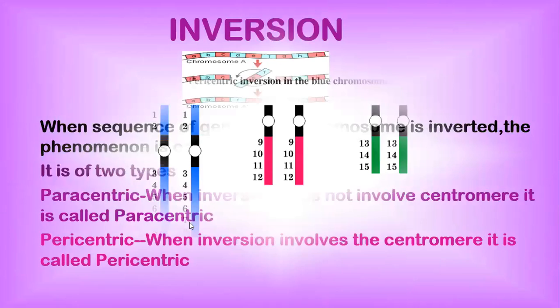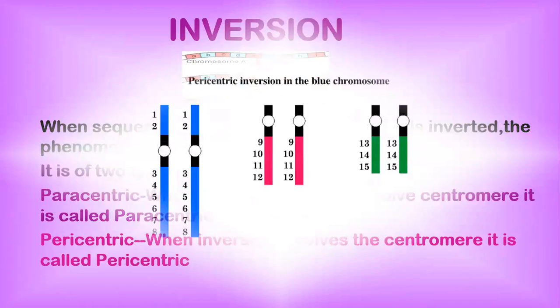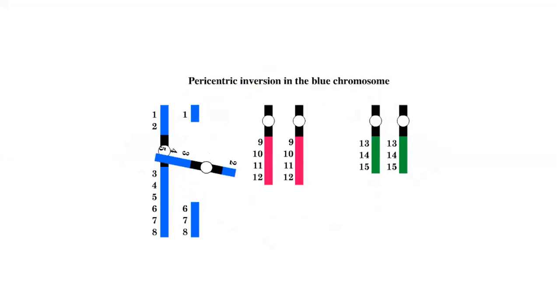Once again, you can observe, this is called inversion. The sequence of the genes is inverted. In this diagram, you can see that the centromere is involved. So it is called pericentric.